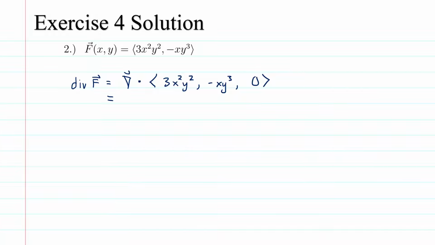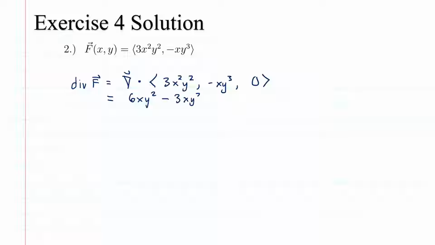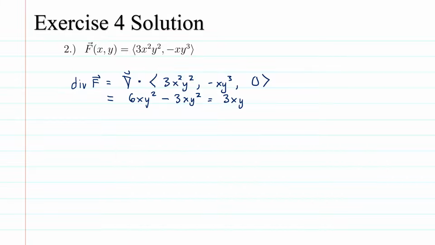So for div f, in effect, all we do is take the partial of the first component with respect to x plus the partial of the second with respect to y. So that's 6xy squared minus 3xy squared, which simplifies to 3xy squared. For curl f, same thing.